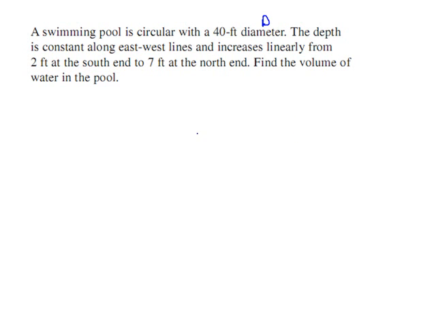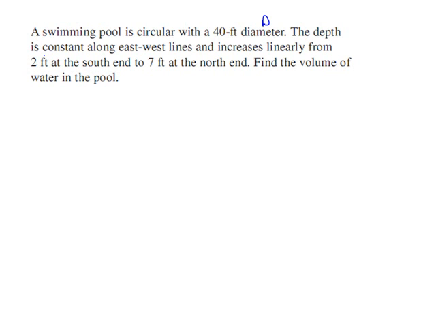If we place the origin at the center and define the positive y direction to be north, and f of xy to be the depth of water at the point xy, then the volume of water in the pool is the volume of the solid that lies above D, which is the set of points xy such that x squared plus y squared is less than or equal to 400, which is the square of the radius, and below the graph of f of xy.